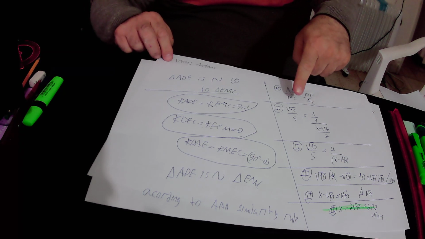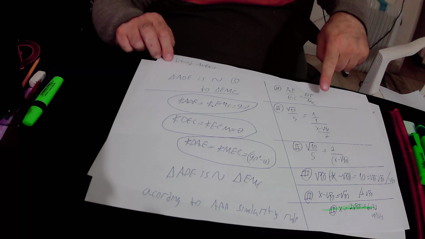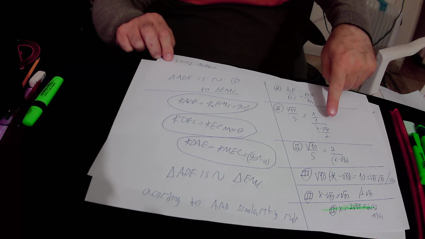AE equals square root of 10 units, EC equals 5, DE equals 1, and MC equals x minus square root of 10 over 2.